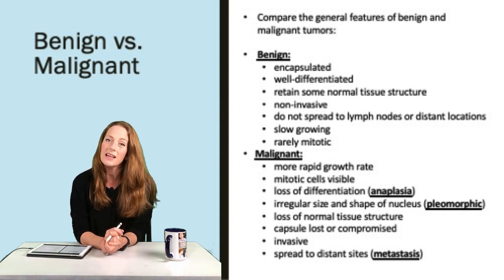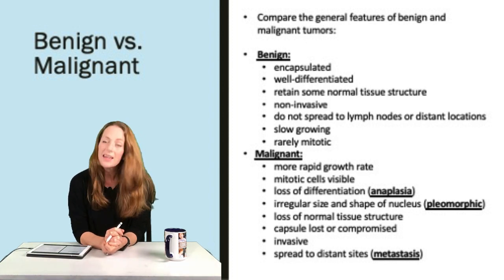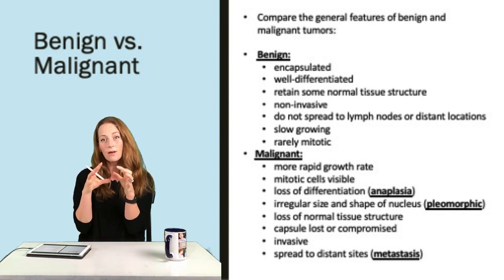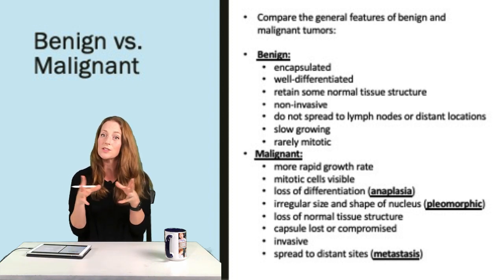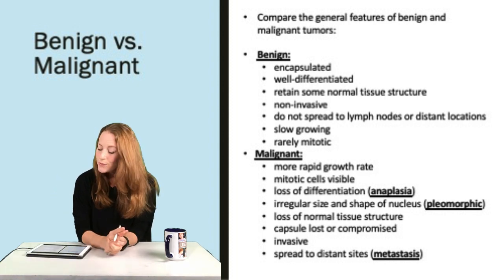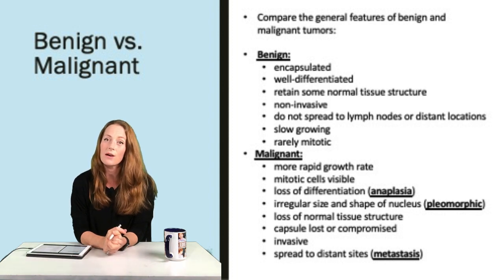Often, malignancy has a loss of normal tissue structure, and it can begin to lose a capsule, meaning that it no longer has defined borders and it has a chance of spreading. So, cancer or malignancies are invasive.